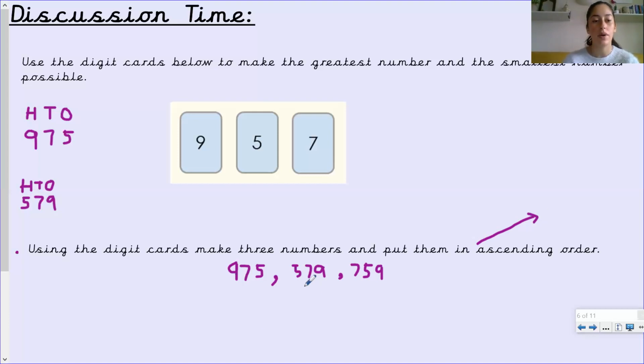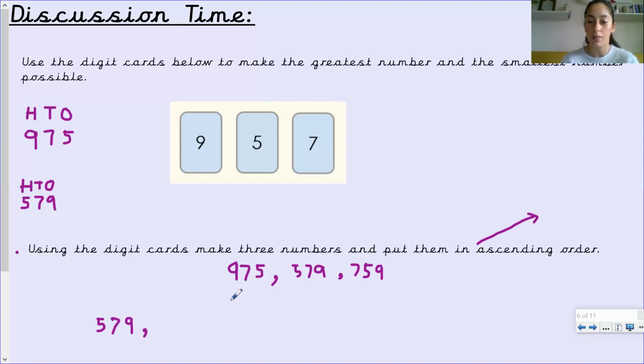My smallest number, as I discussed in the previous section, is 579. So that's my smallest number. The next smallest number, I know that this is my highest number, so it can't be this.